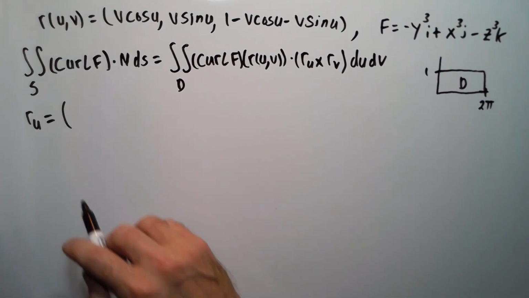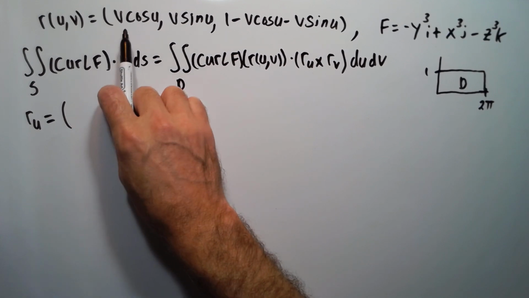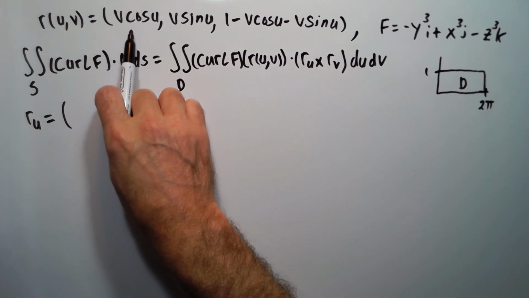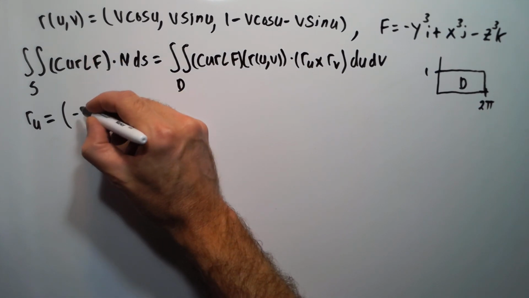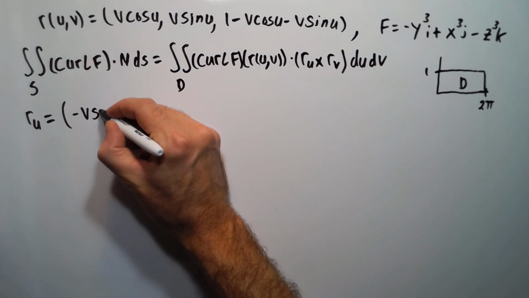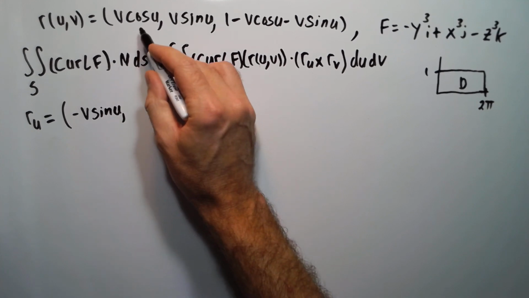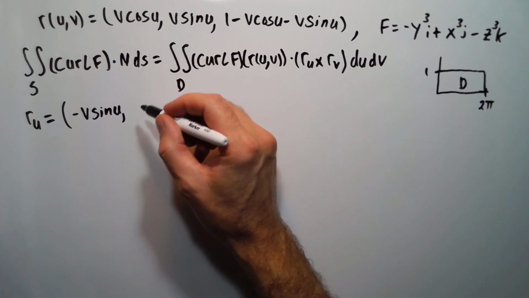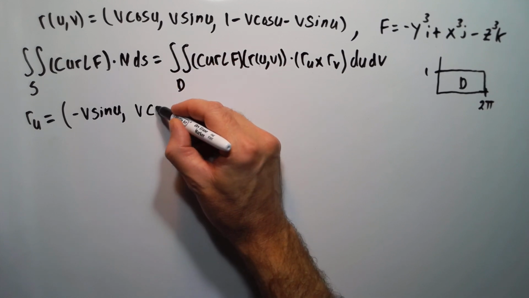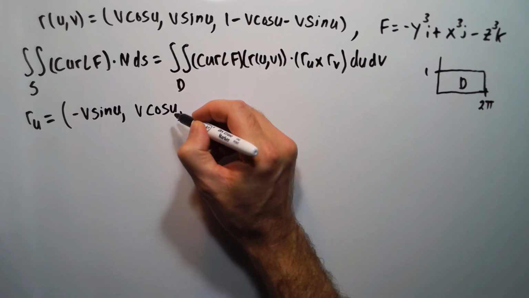Okay, so let's do r derivative with respect to u. So here's my r up here. The derivative of the first component with respect to u would be minus v sine u, because the derivative of cosine is minus sine. Then the derivative of the second component with respect to u would be v cosine u.